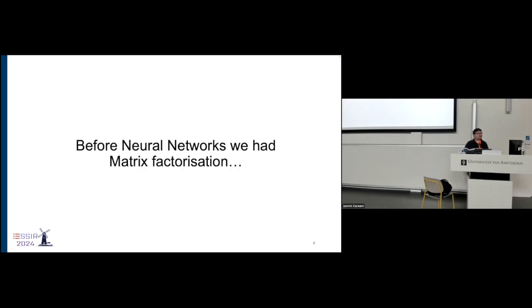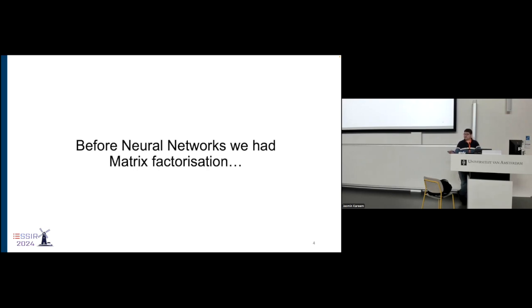Before deep learning became a thing, or many people started talking about neural networks, there was already a field of recommender systems, and most of them, or the most advanced of them, were using a technique called matrix factorization.